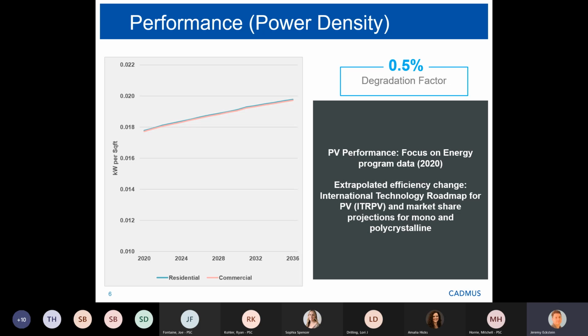To get the power density that we're showing here, we also looked at Focus on Energy program data, and we researched the various models presented in the data, found the rated power output for those panels, and then extrapolated the power output efficiency increases over time using the International Technology Roadmap.